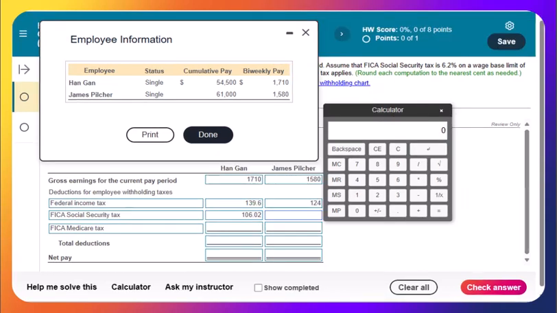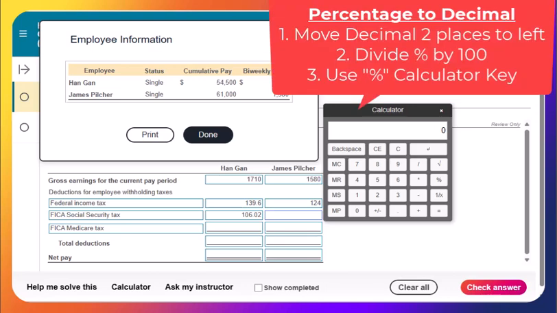So a quick side note on converting percentage to a decimal. There's a few different ways we can do that for this problem. So one, as you saw, I input 0.062 for that 6.2% for the Social Security. So that's just me moving the decimal 2 places to the left. Or we could enter it as 6.2% like this, and then divide by 100, which will also give that 0.062 in our calculation.